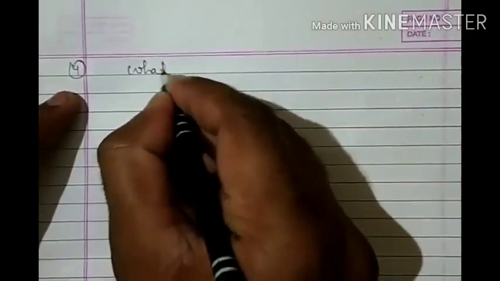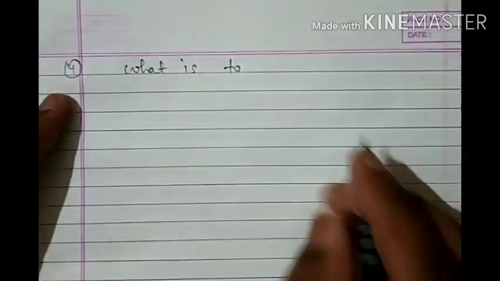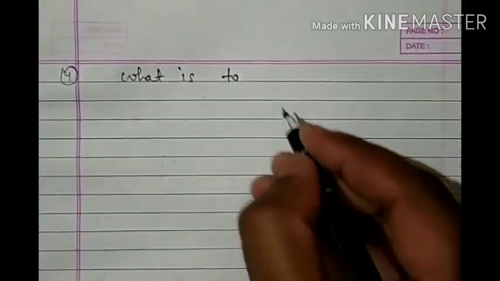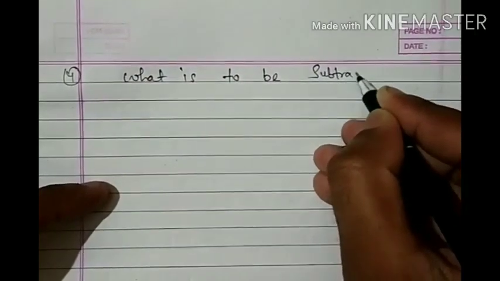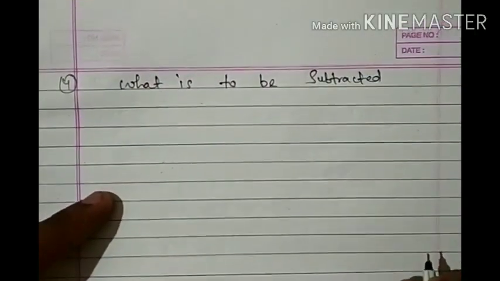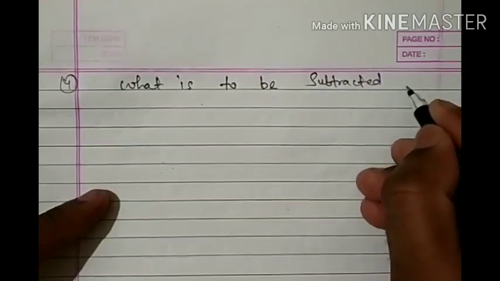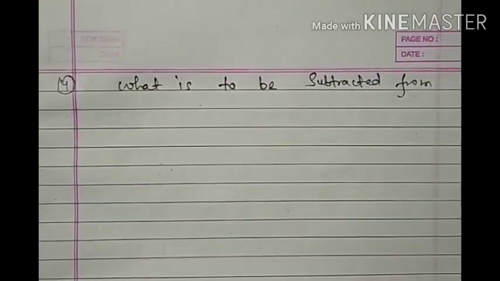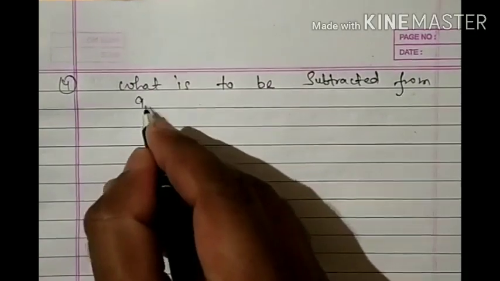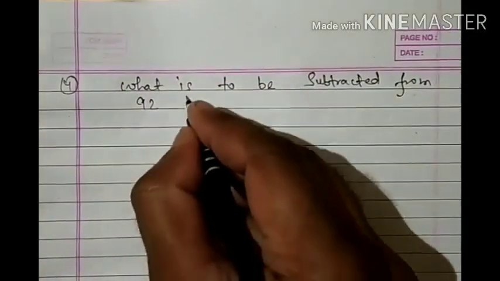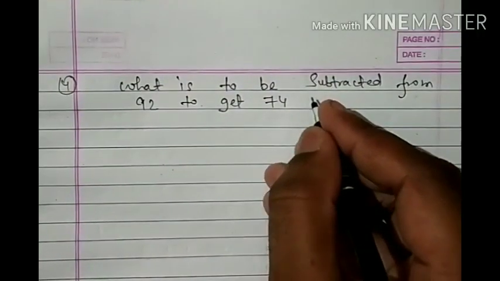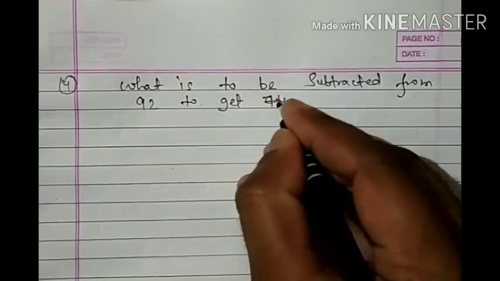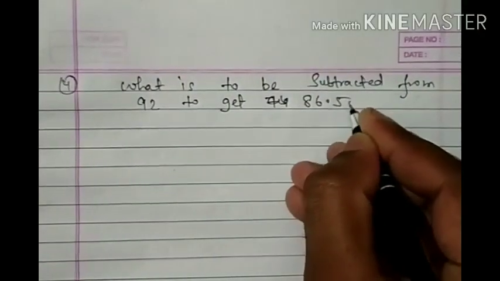Question number 4. What is to be subtracted from 92 to get 86.50?